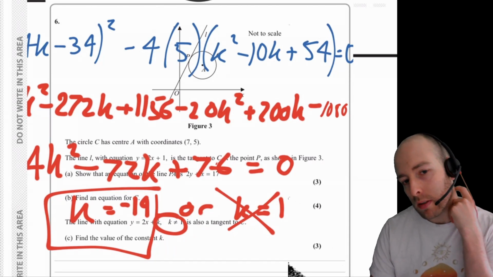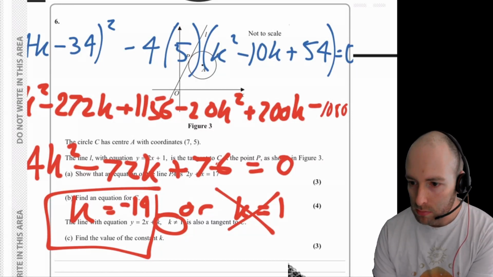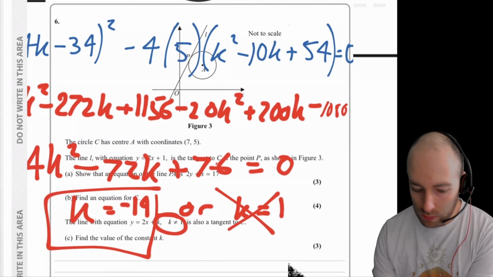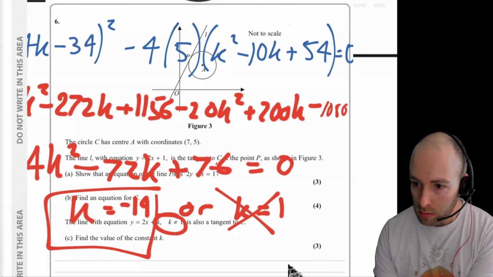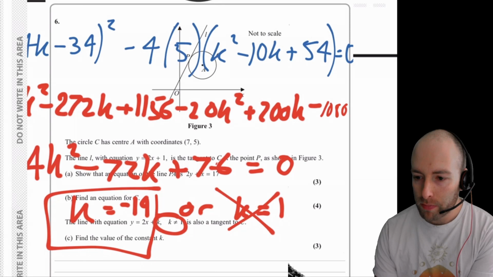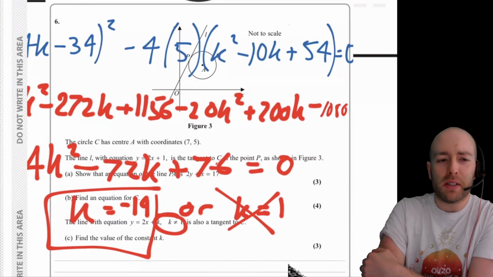Oh, okay. I see. Cool. And then you use that to work out what K must be. Yeah, that's a nice way of doing it. Yeah, and then worked out from there. Yeah, that's nice. That's probably what they wanted you to do for 3 marks.